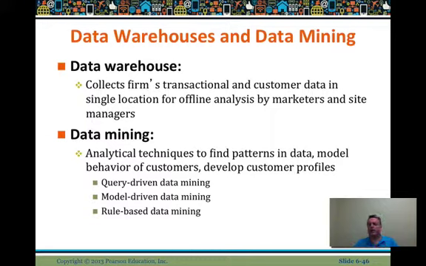What you'll find is today these common competitive companies are using these common terms, data warehouse and data mining. The warehouse, obviously, for collecting this transactional consumer data for a later offline analysis by marketers and site managers, but then mining that once they've got that location in the warehouse.